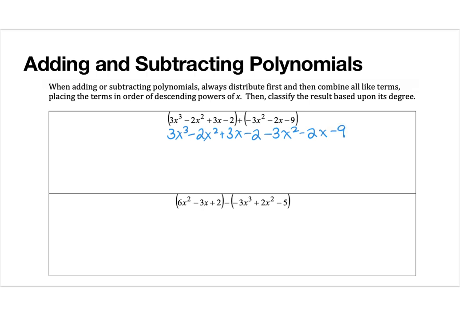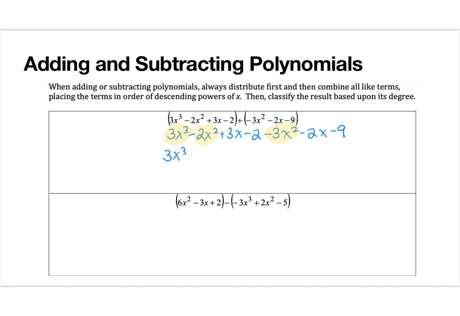Now the idea is I want to combine my like terms, and as you look at this, you should see, I only have one x to the third term, so I'm going to put that out in front. It's my highest power. The next highest power is a 2, so I want to take the negative 2x squared and the negative 3x squared, add them together.